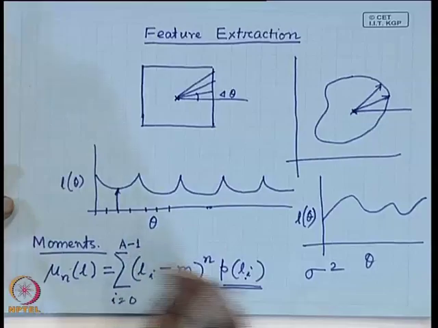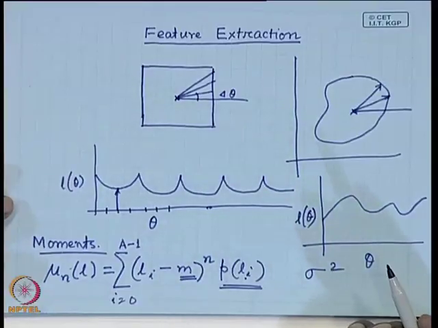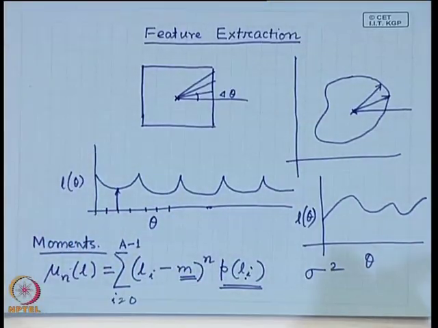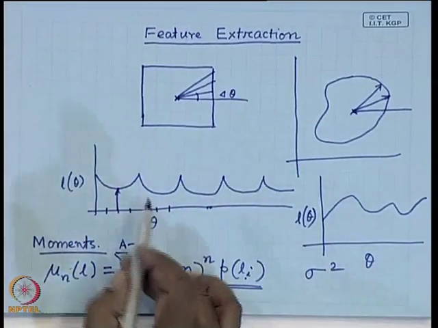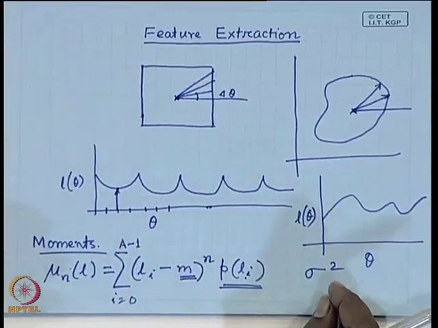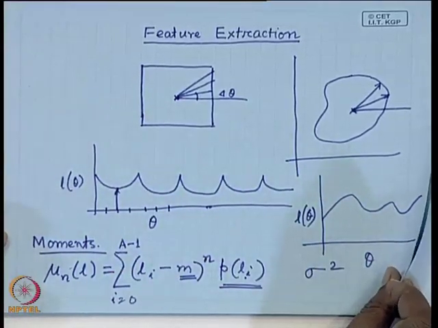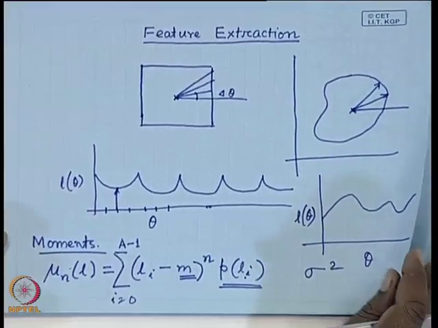These features can be used to represent the signature, and if I get a number of such features concatenated one after another, I get a feature vector which represents this particular signature. So, this is also one of the boundary-based features that can be used for recognition purposes.